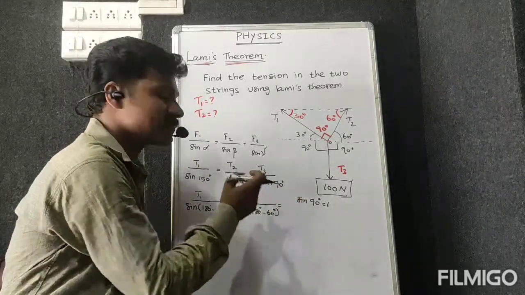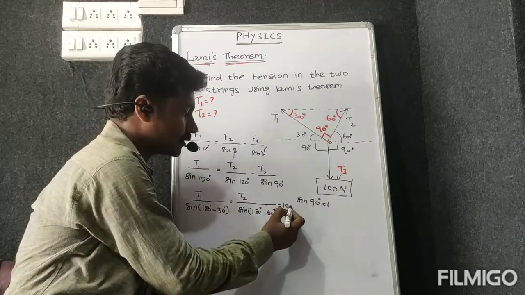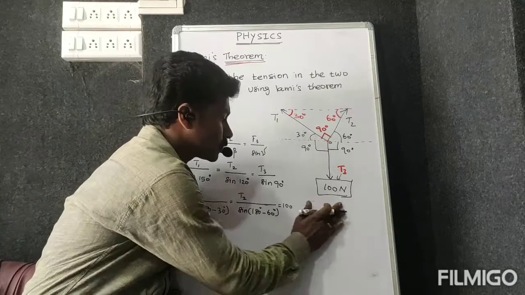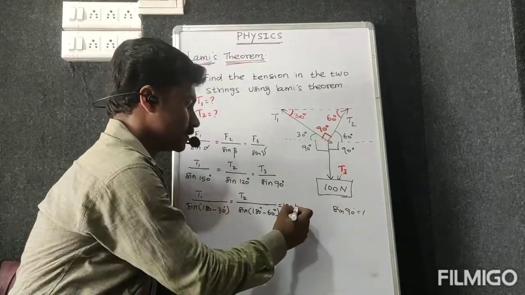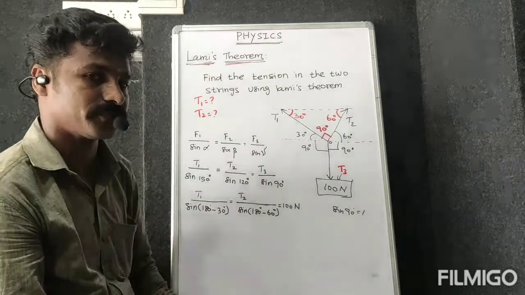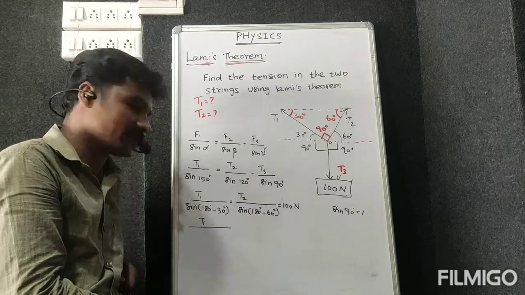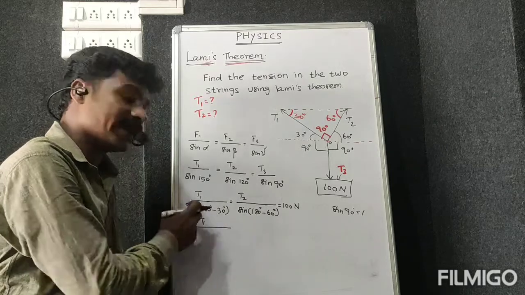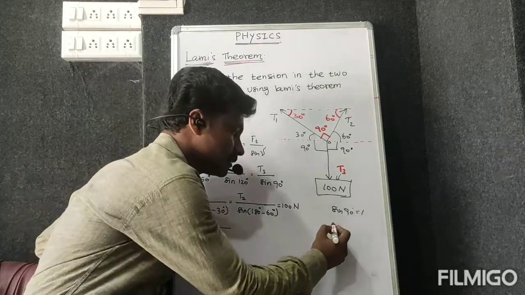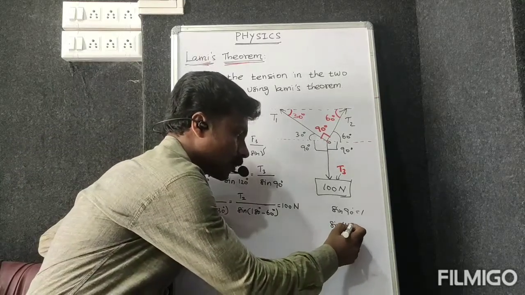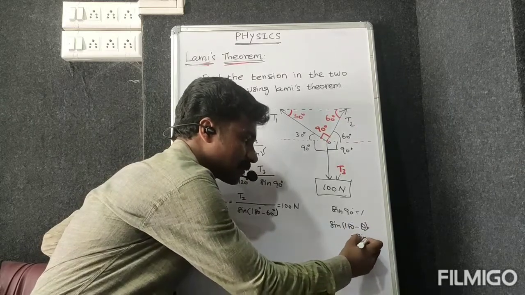Then finally, sin 90 is equal to 1, so only T3 is there. What is T3? 100 Newton. So T3 is 100 Newton. Therefore, T1 divided by sin of 180 minus theta. Sin of 180 minus theta we can write as sin theta.